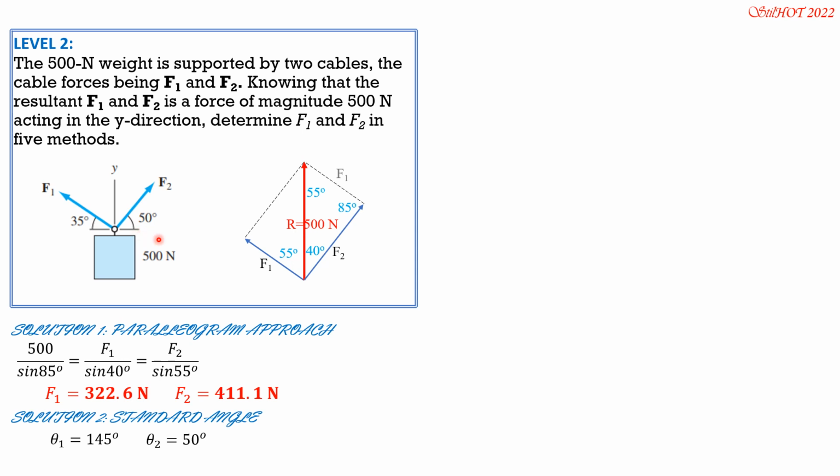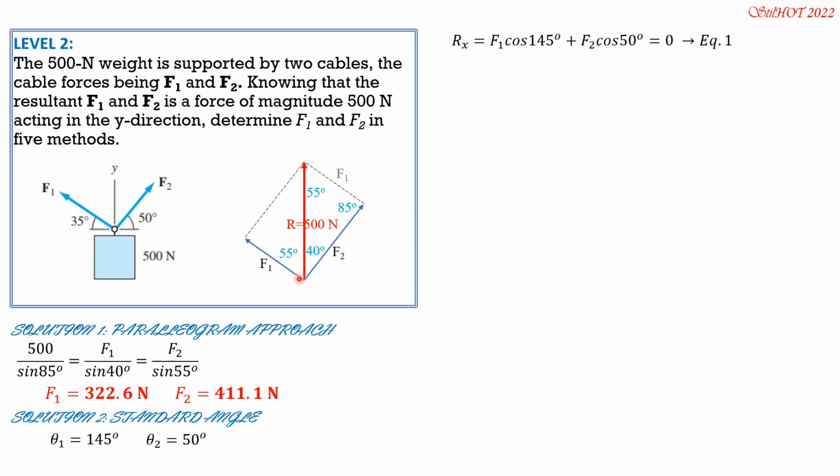Therefore, Rx is F1 cosine 145 plus F2 cosine 50, and it is equal to 0 because the resultant is purely upward. There's no x component of the resultant.